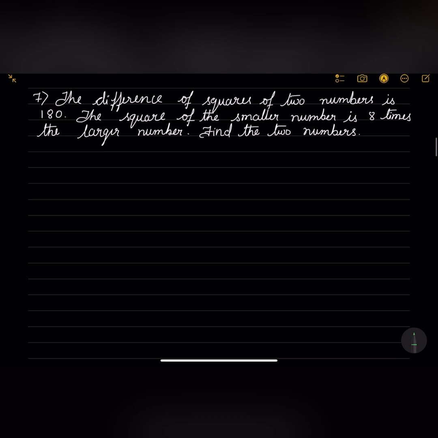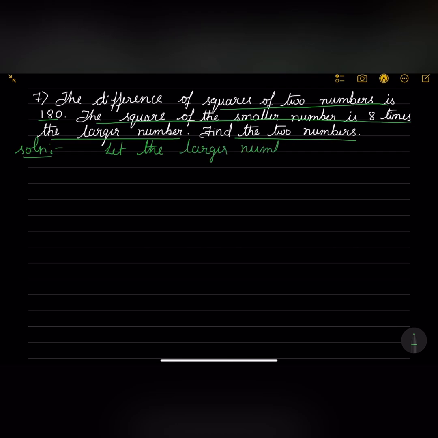What they have given: the difference of squares of two numbers is 180. The square of the smaller number is 8 times the larger number. Find the two numbers. Fine, we'll find the two numbers. As usual, we will let the larger number be equal to x.